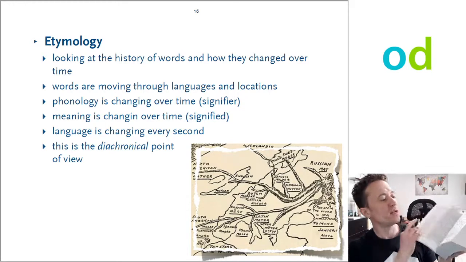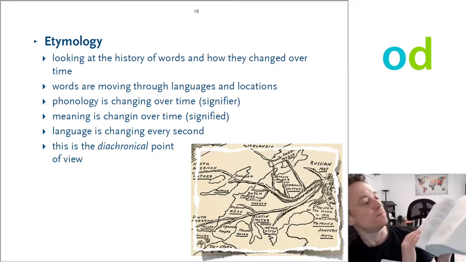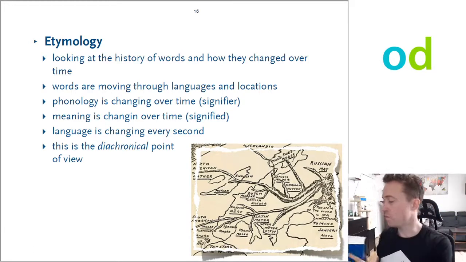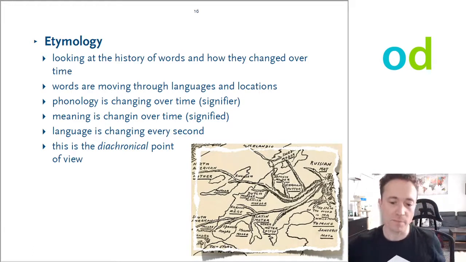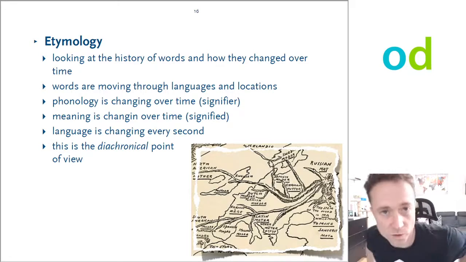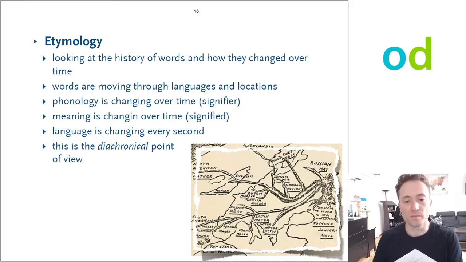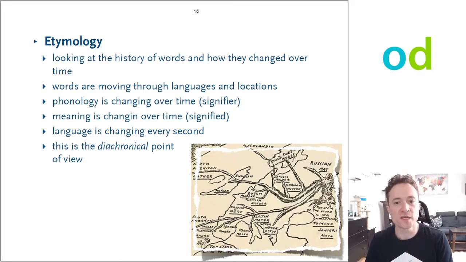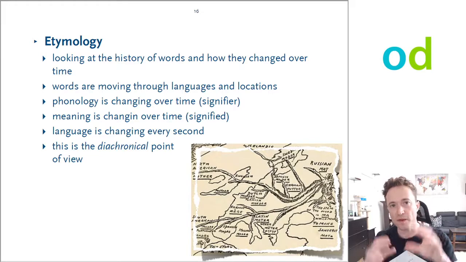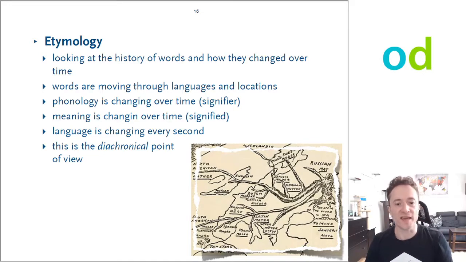So you can really look up the meaning of the words, how it changed over time, how also the words themselves changed. All these changes on the level of the signified and on the level of the signifier, both levels are changing. There can be research about it, you can look it up.